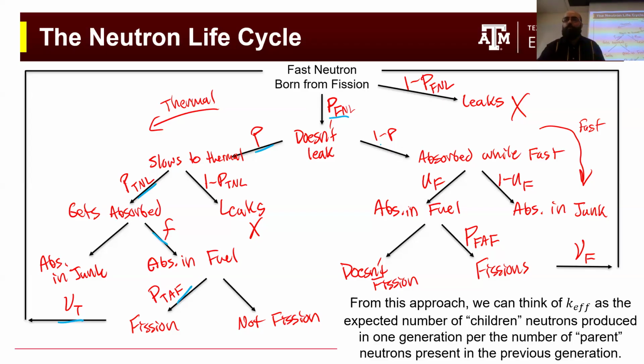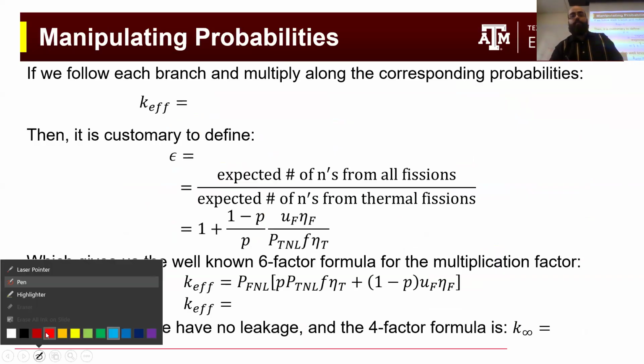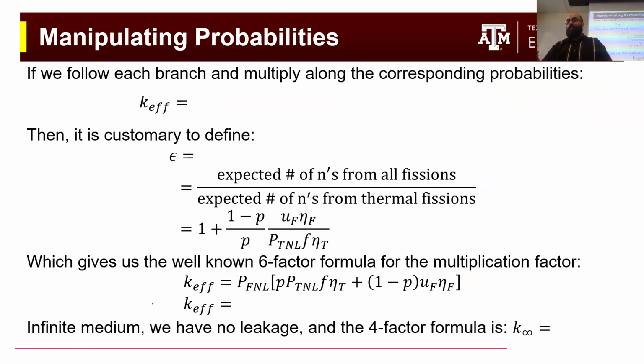And if I follow the probabilities the other way, the ones that all survived to repeat the cycle, those are the things I would multiply together to figure out how many neutrons came out of this process. If you do that multiplication, you basically get two terms, because you're adding up the thermal branch and the fast branch.